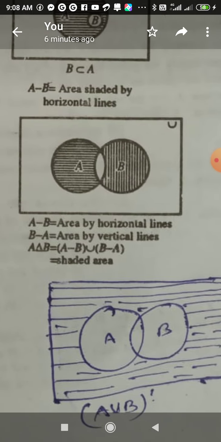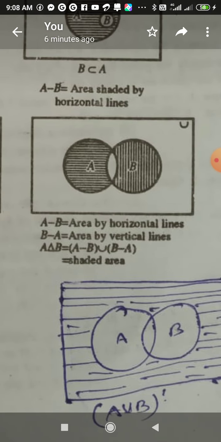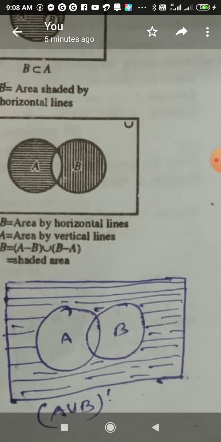Next one, A union B whole dash, complement of A union B is equal to again the shaded region by the horizontal lines. So these are the figures of Venn diagram or logical relations between two or three sets.